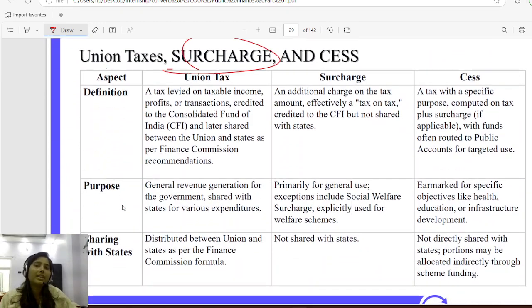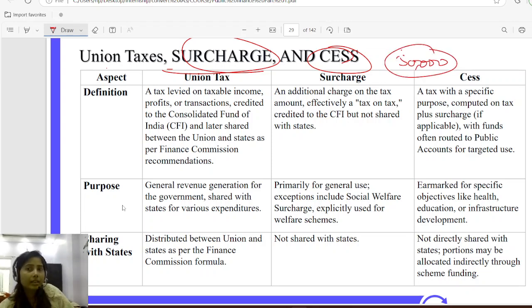Then union tax, surcharge and cess. This is important to understand. Surcharge means tax on tax. I have already explained in the beginning that if you are earning more than 50 lakh, then you have to pay surcharge as well. Suppose you have a liability of 50,000 tax and you are earning more than 50 lakh.